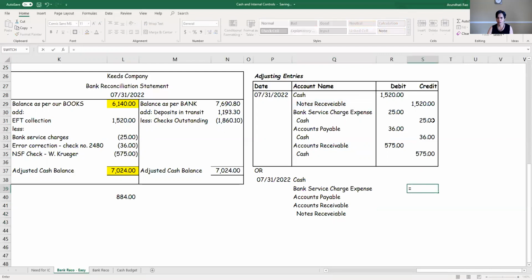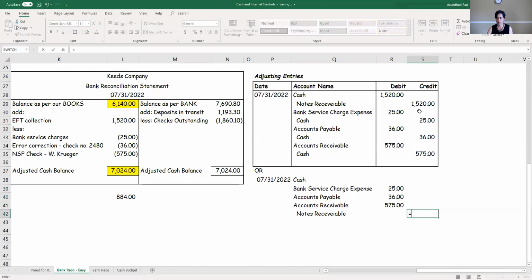I have $25, $36. Excuse me, let me correct that. It's $25, it's a debit. $36, a debit. $5.75 debit.